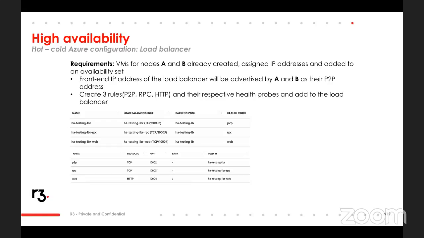The front-end IP address of the load balancer is advertised by both VMs A and B as their peer-to-peer addresses in the network. And then we needed 3 port forwarding rules for the traffic, each with their own health probes, which can be used to gather some health information and statistics.